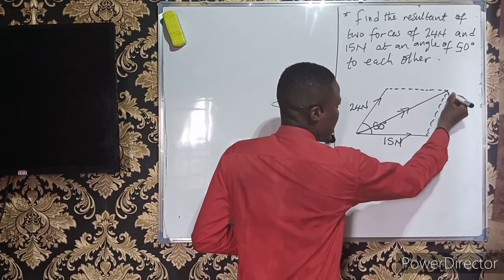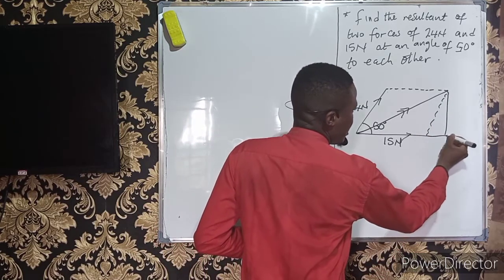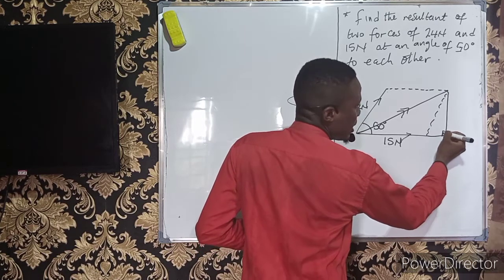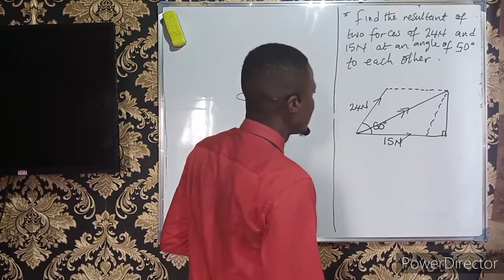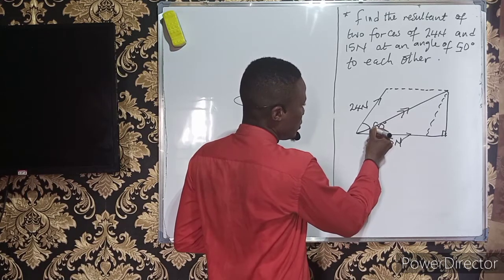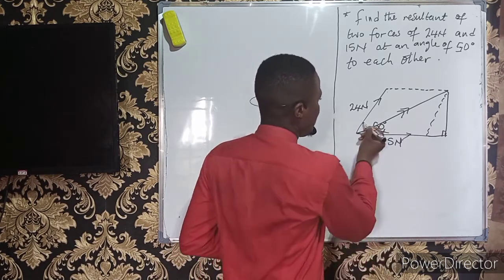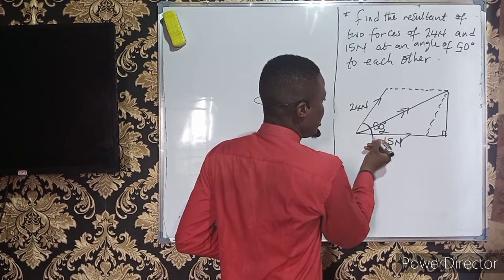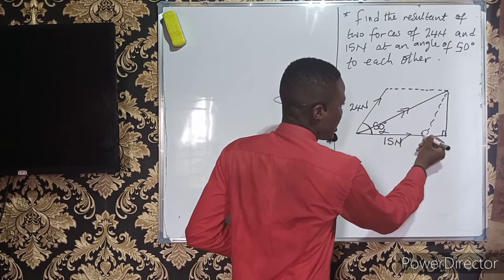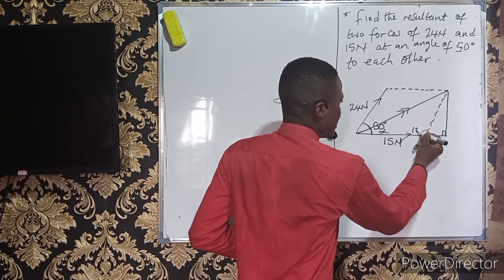If I complete the parallelogram, I have a shape like this. I can complete a right angle triangle here, where the angle is 90 degrees, and the angle with the horizontal is alpha, for instance. Remember corresponding angles: if here is 50 degrees, automatically the angle here is 130 degrees.